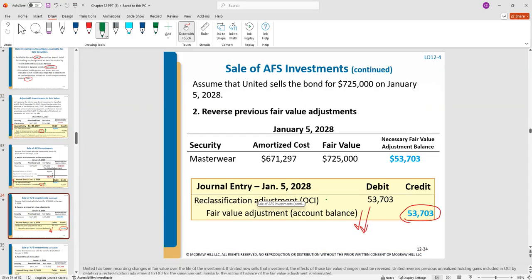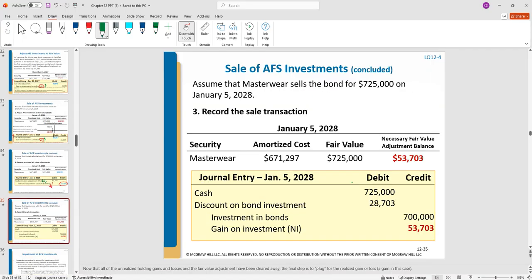We're going to take it out of OCI and then put it into net income. So when you sell it, yes, an available for sale on sale goes on the income statement. But when it's a realized gain or loss, it goes in net income. But when it's unrealized, it's in OCI. So the cash and then get rid of it.